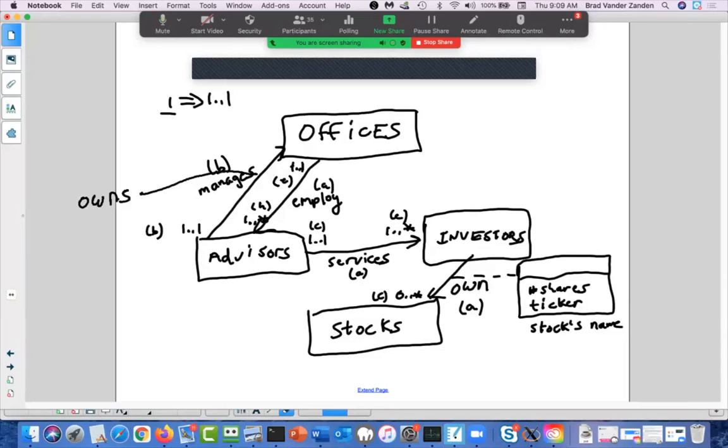Since we already have the ticker, we can use that as a foreign key into stocks, and that will give us the stock's name. So we can get rid of stock's name. And then the final thing we can get rid of, counterintuitively, is ticker. The only reason I get rid of ticker here, and I wouldn't penalize you for including it, is that in general, you don't put foreign keys as attributes because the foreign key is implied by the relationship.